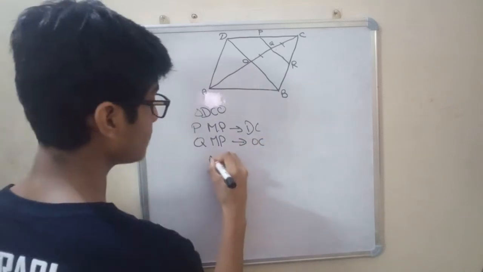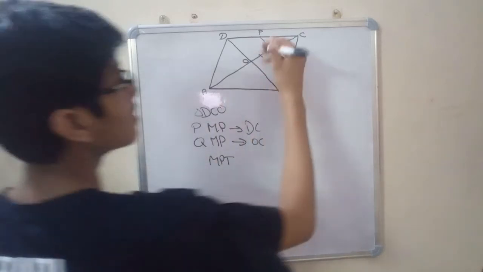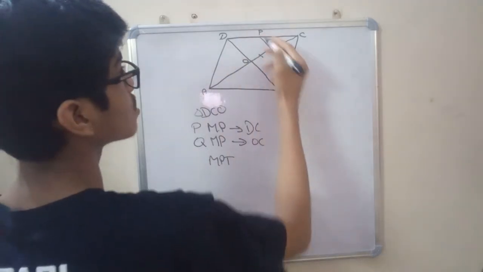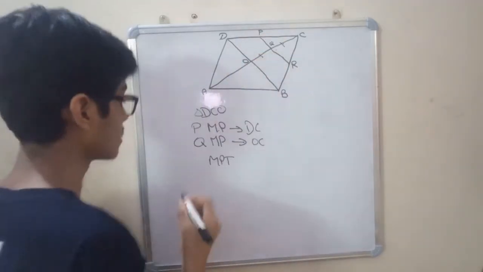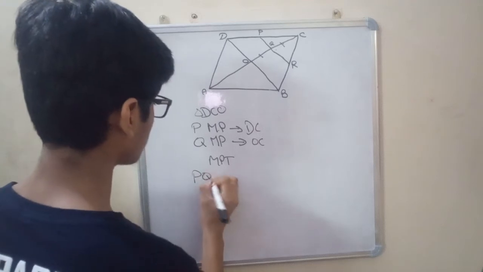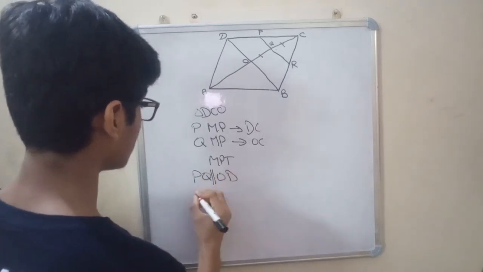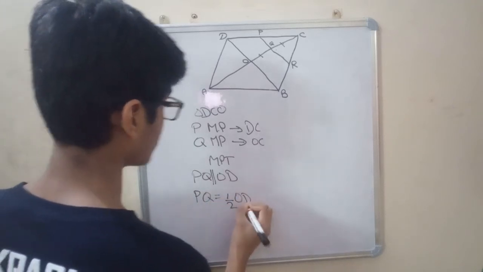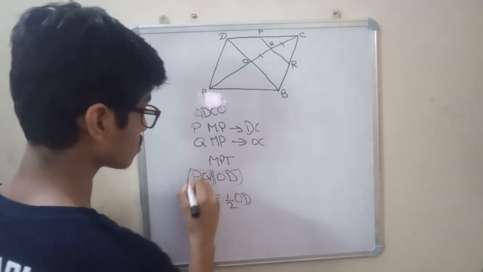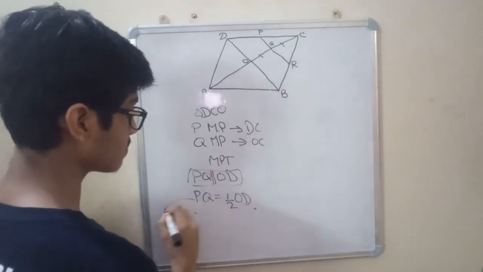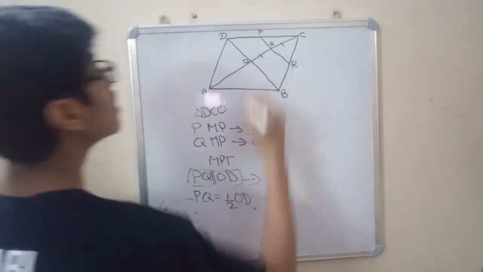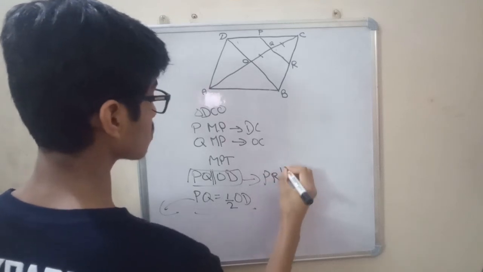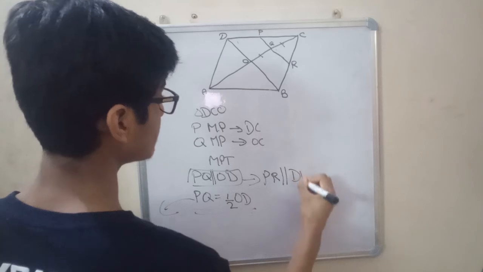Therefore, by the midpoint theorem, PQ is going to be parallel to OD, and PQ is going to be equal to half OD. Right now we require this part, so let us keep this at the side. PQ is parallel to OD, therefore PR is also going to be parallel to DB.